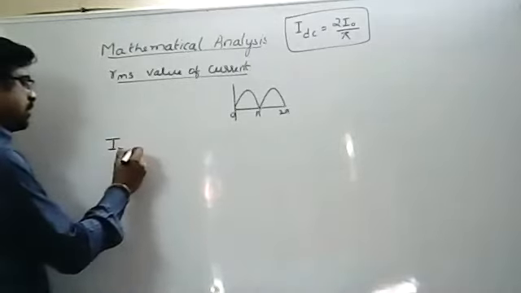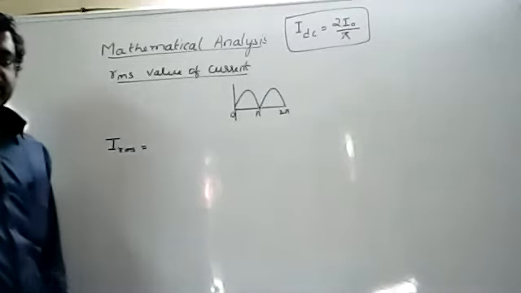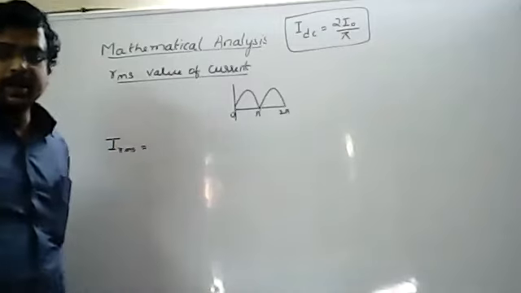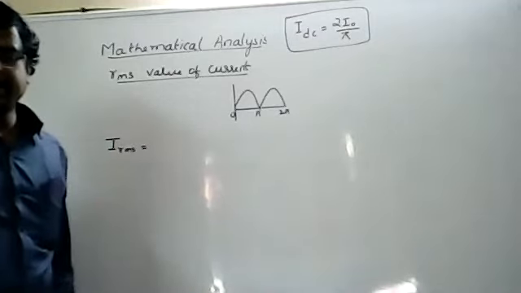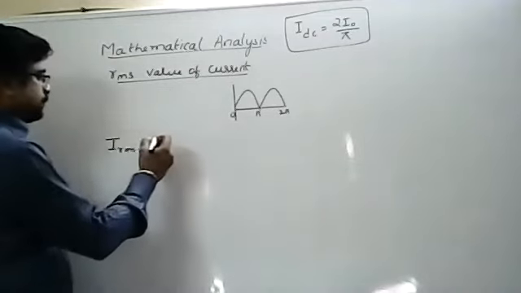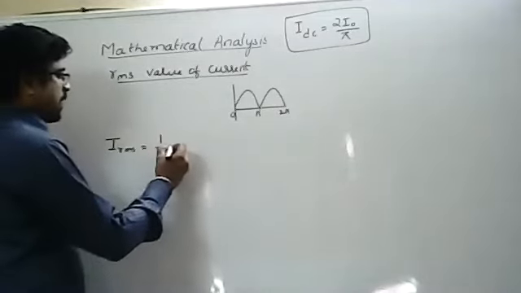RMS means root of the mean of the square of the value. That means you need to square the current value, then find the mean, so 1 by the complete cycle.